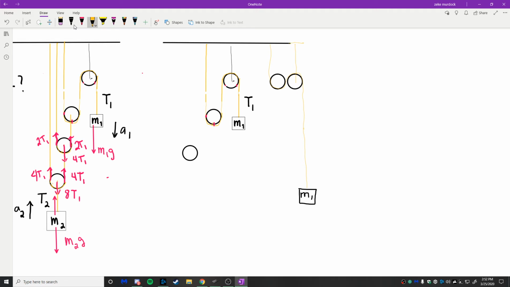So the distance that this pulley has gone upwards, we'll call this distance y. So this pulley has moved up a distance since its center of mass was here and it's now here. It's moved up a distance that we can call y. And you might notice that the distance between here and here is also y. It's the same distance basically, right?